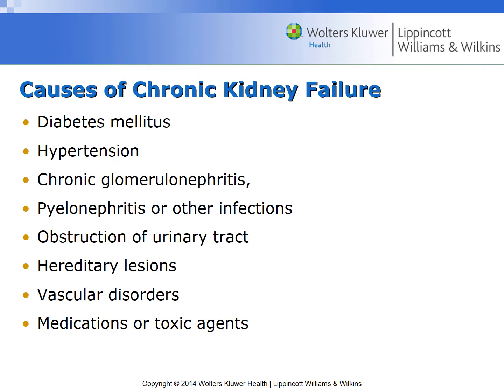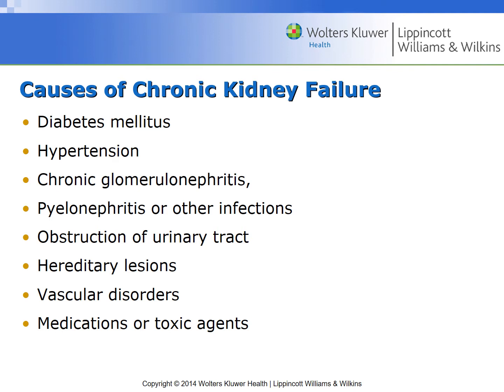And when you see itis at the end of it, that's inflammation. When we have a major inflammation going on of the glomerulus and of the nephrons, then we're going to have chronic issues, which can lead to chronic kidney failure.